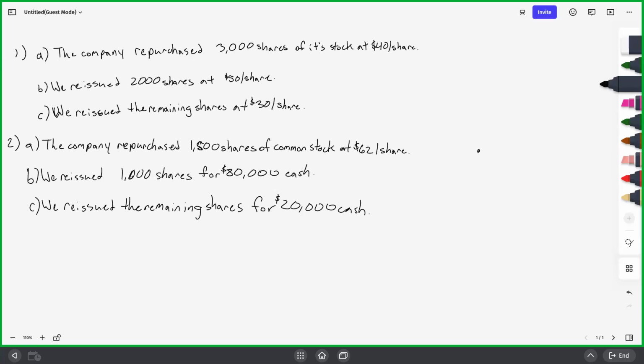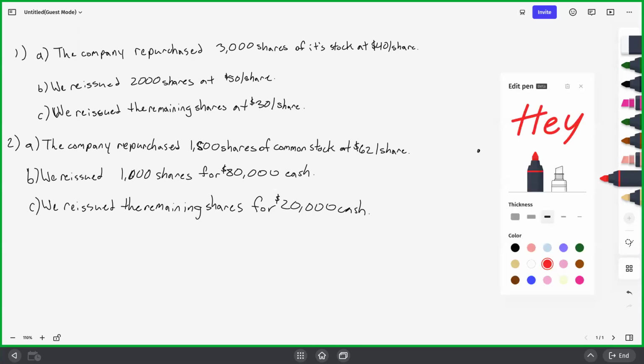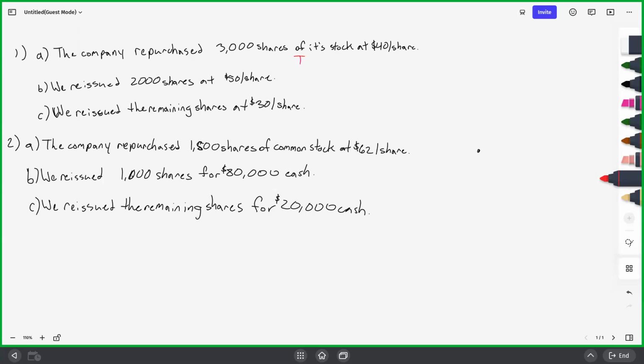So first things first, what's gonna be the journal entry for 1A? What's debited, what's credited? Treasury stock is debited, cash is credited. For how much? 120,000.